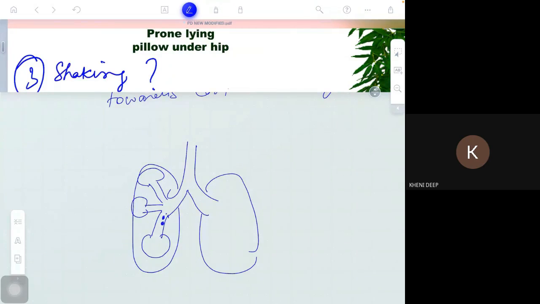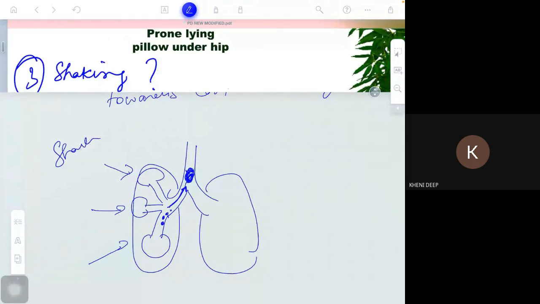Clear? So when you are doing the shaking manipulation, it brings the mucus to the central airway. This area is called the central airway. So shaking, it brings the mucus to the central airway.